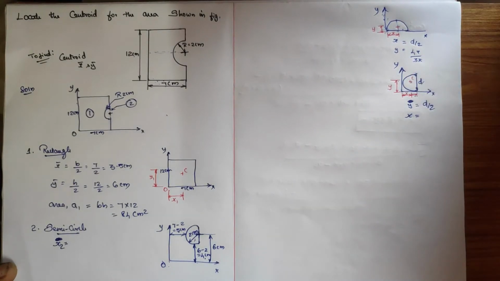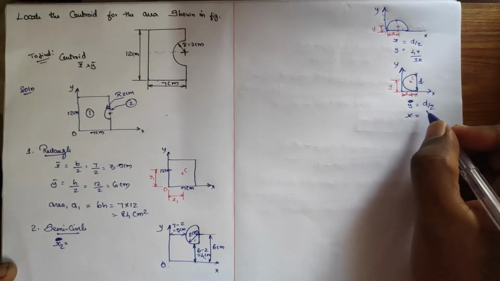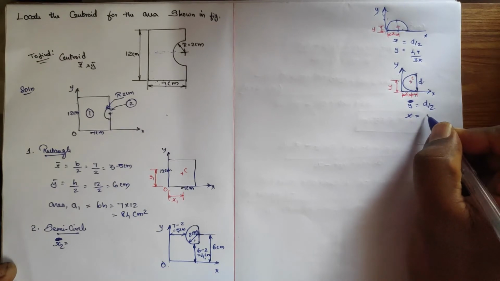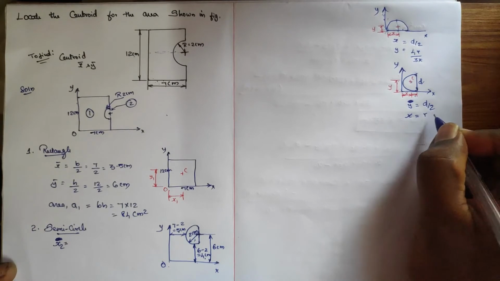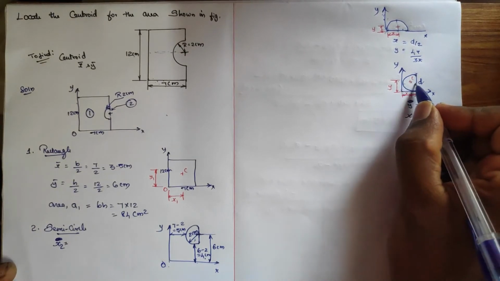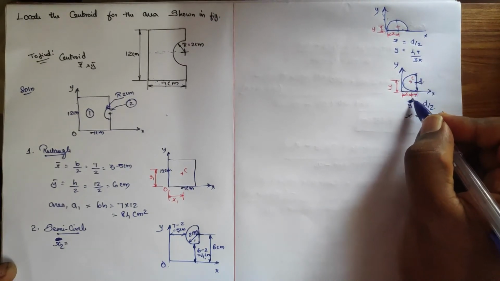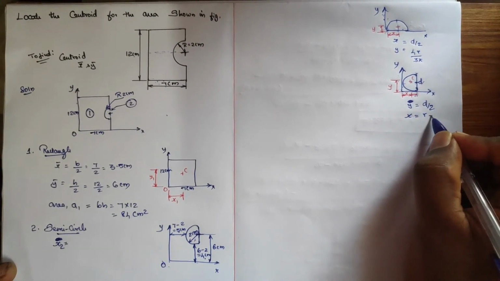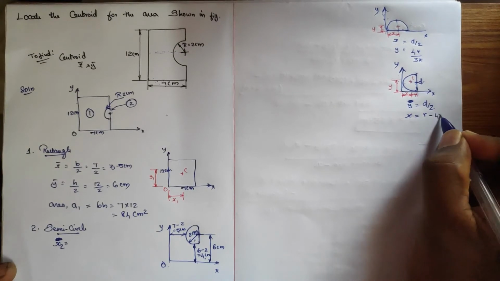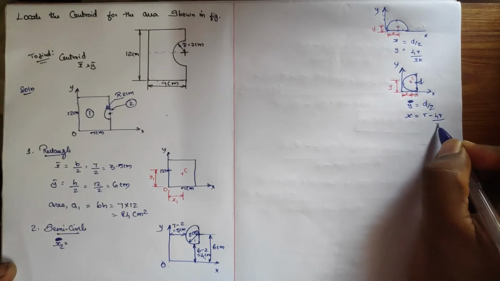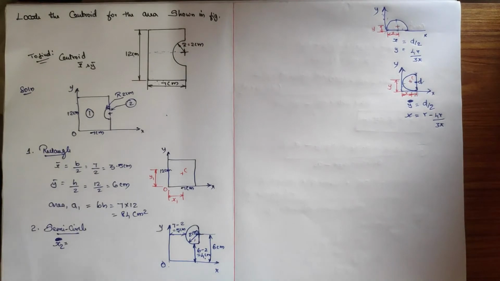So what I am going to do is put r, the total measurement is r. Okay, this end to this is r. So from the r I am going to subtract this particular portion. So r minus 4r divided by 3 pi.